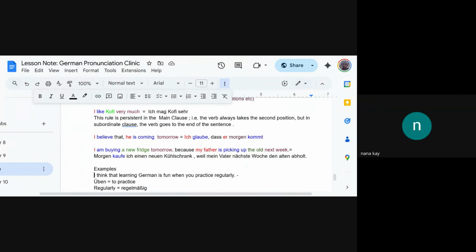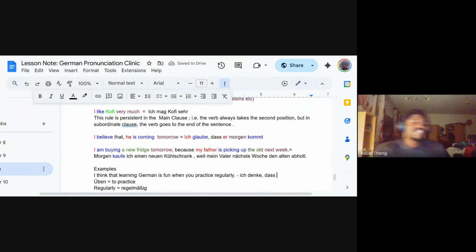I think that, ich denke, dass learning German, I think that learning German is fun. If you were to say this sentence, how would you construct it? It's not necessary to use the word for learning German.